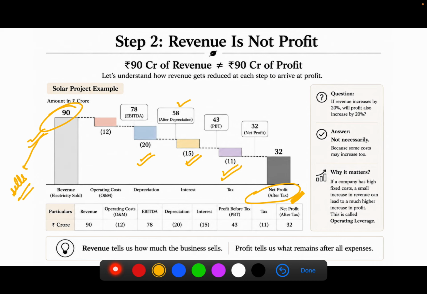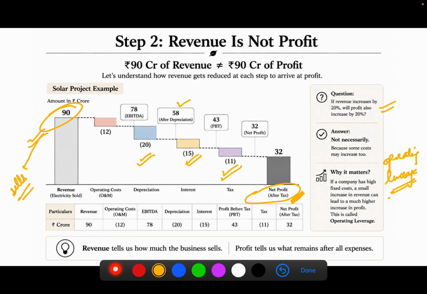Not necessarily, because some costs may increase as revenue increases. And when a business has a significant amount of fixed cost, a small change in revenue can have a much larger impact on profit. This is one reason financial analysts pay close attention to operating leverage, which we will discuss more in later videos.